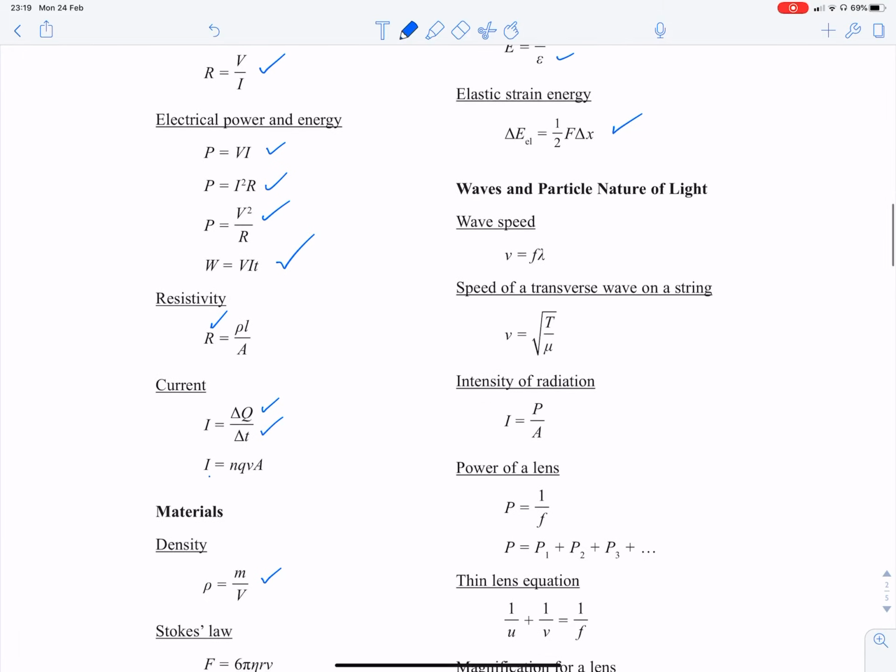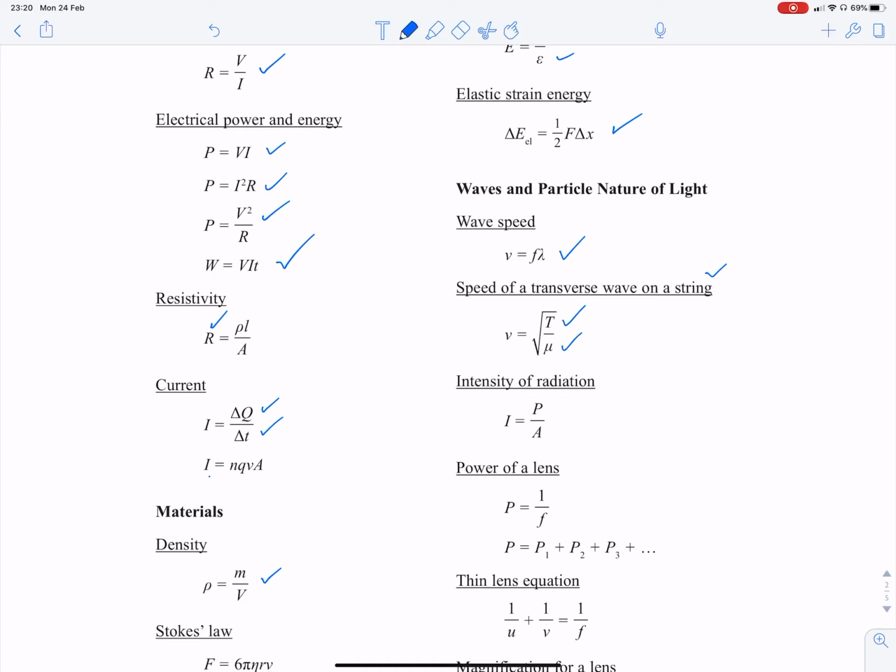For waves and the particle nature of light, wave speed, the velocity of a wave, is the frequency times the wavelength, v equals f lambda. The speed of a transverse wave on a string: velocity is the square root of the tension divided by mu.